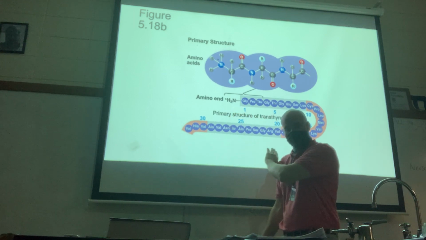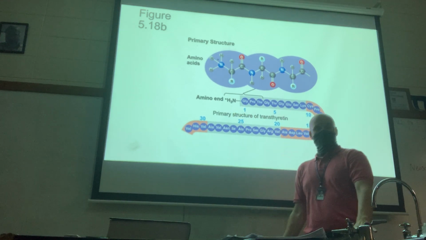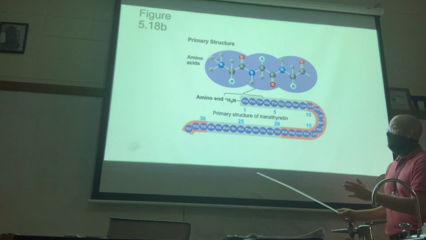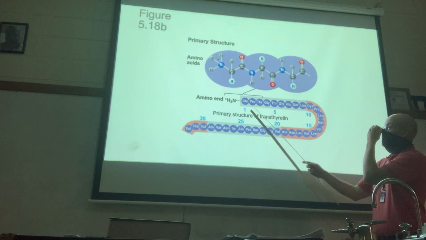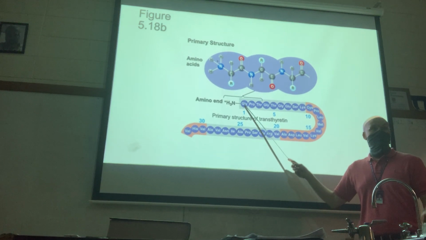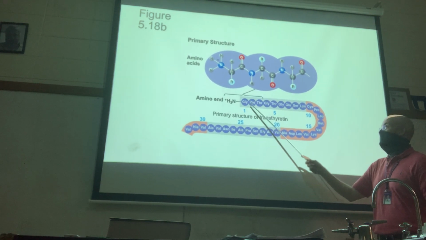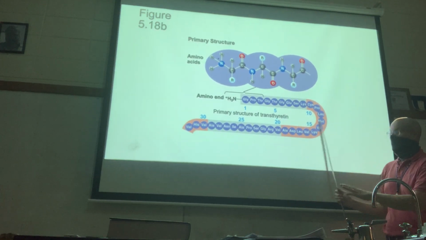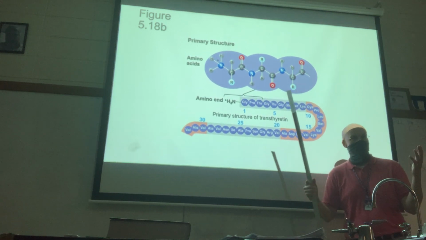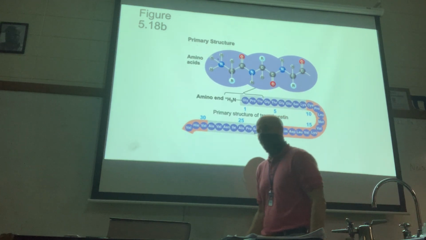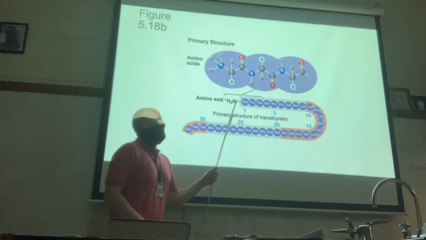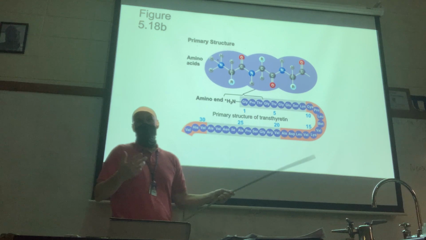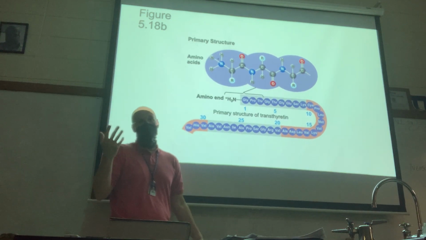So on the most fundamental level, when you talk about a protein, the most fundamental thing to know to start out with is which amino acid is the first one, which amino acid is the second one, which amino acid is the third one, all the way through the dozens or hundreds or thousands of amino acids. Now, instead of writing out their full name, like glycine, every amino acid is given a 3-letter code.